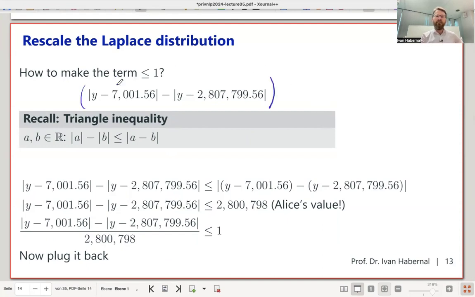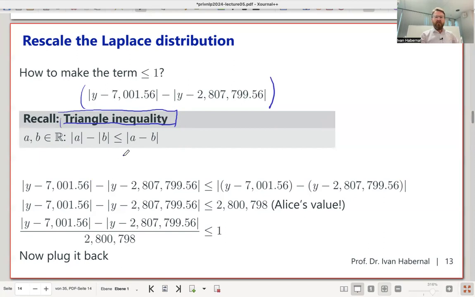So again, how to make this term smaller than 1. Remember now, and you should have done the proof of this, the triangle inequality for absolute values. So this is the inequality we're going to use. The difference of these two absolute values is smaller than the absolute value of the difference. So let's just plug it in and do a little bit of algebraic operations here.